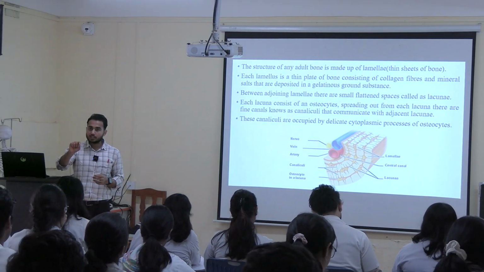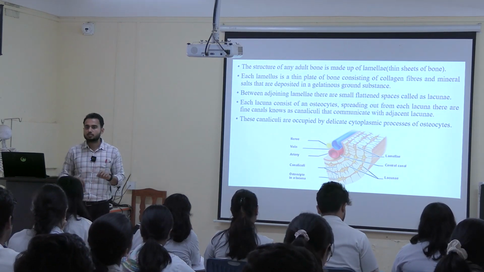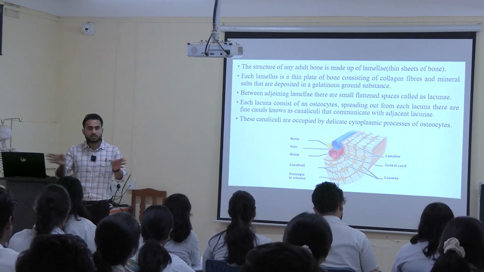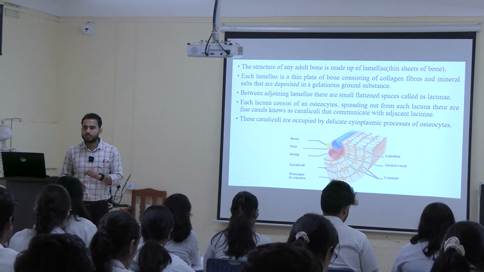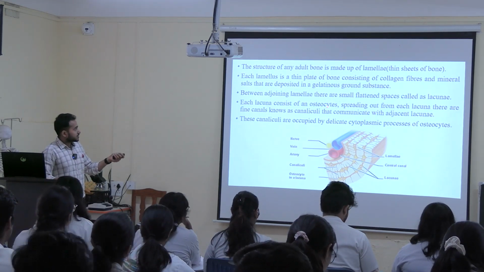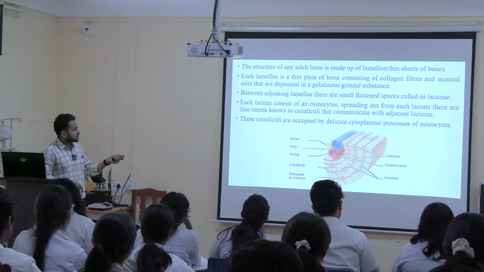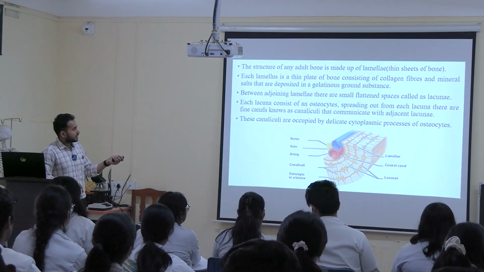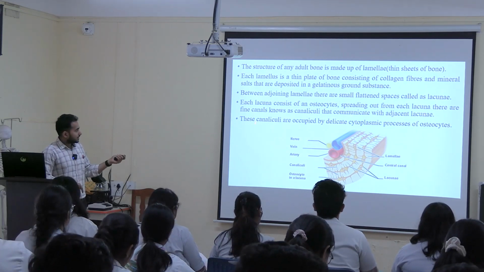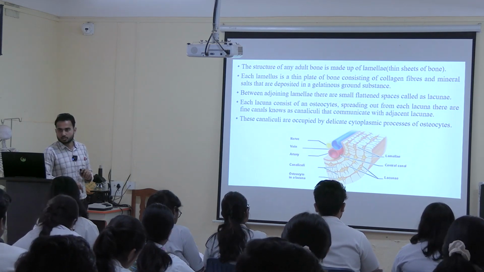Through those canaliculi, the osteocytic processes travel, because osteocytes have cytoplasmic processes. Each lacuna contains osteocytes, and fine canals known as canaliculi spread out from each lacuna and communicate with the adjacent lacuna. These canaliculi are occupied by delicate cytoplasmic processes of osteocytes.